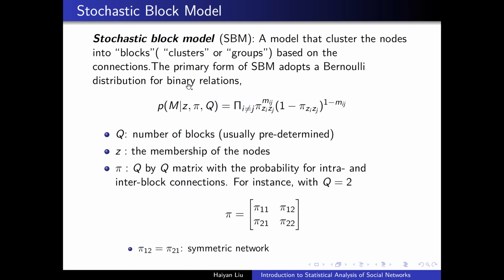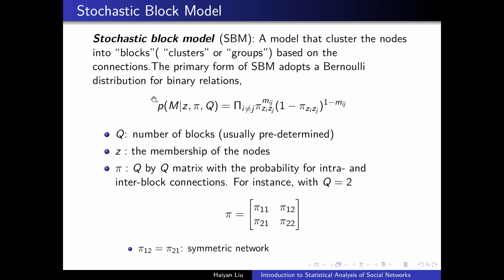The primary form of a stochastic block model adopts a Bernoulli distribution for binary relationships. In a Bernoulli distribution, the parameter is the probability P. The reason we adopt the Bernoulli distribution is because for binary relationships, we usually code them as 0 and 1. So therefore, we need to predict or model the presence of connections between two nodes.